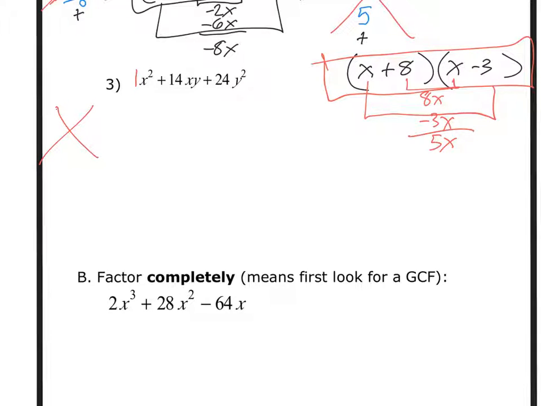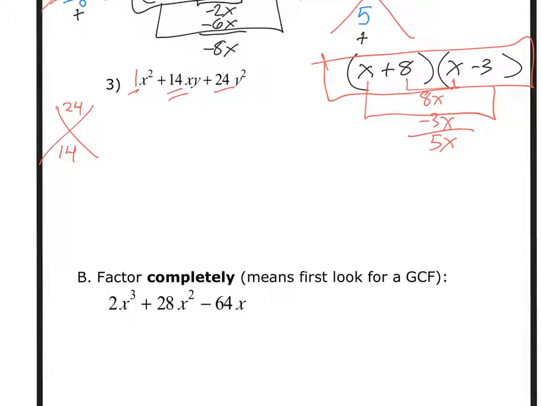So I do 1 times 24. It's always the first coefficient and the last coefficient. So we have that 24 right there. The coefficient in the middle goes on the bottom. Oops, don't erase that.